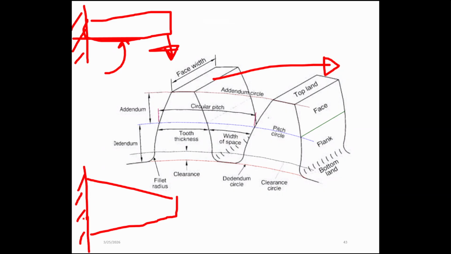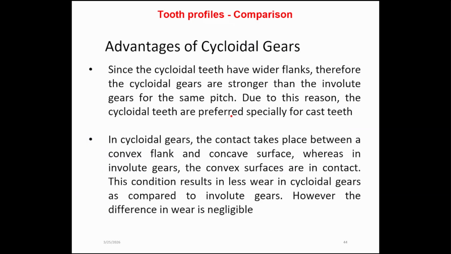So if the base or our flank is wider, it can handle higher loads, right? So that is the point. Due to this reason, the cycloidal teeth are preferred, especially for casting. In the case of casting methods, cycloidal teeth are preferred for casting-based manufacturing.